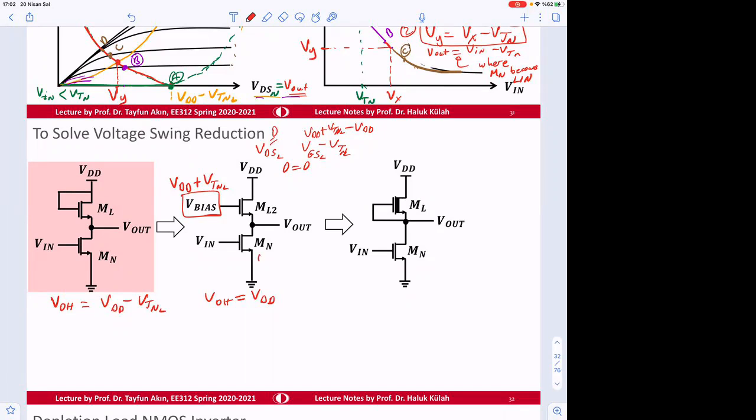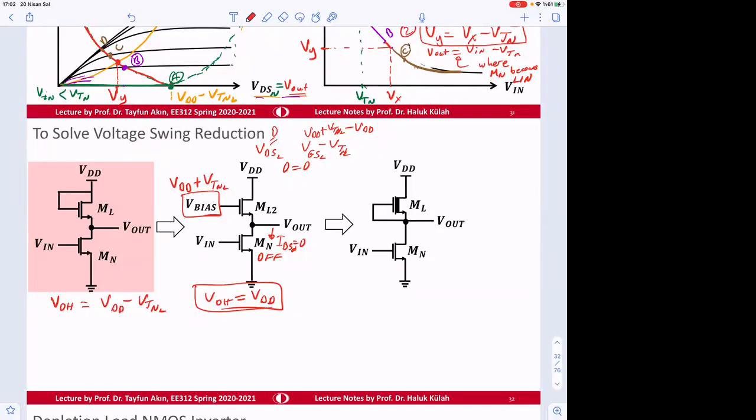So when this is off, current is 0. Drain source of N is equal to 0. So again, the output high is going to be VDD. So this will be okay. You know, so SAT, for this case, load is going to be in SAT again.